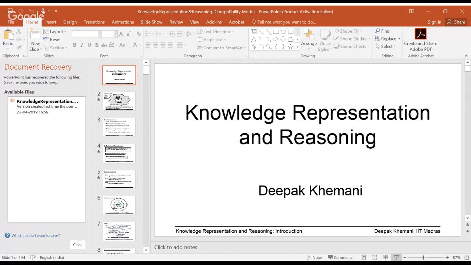This is also from my book, on which this is based. And the basic idea here is that intelligent agents need to represent the domain that they are operating in.